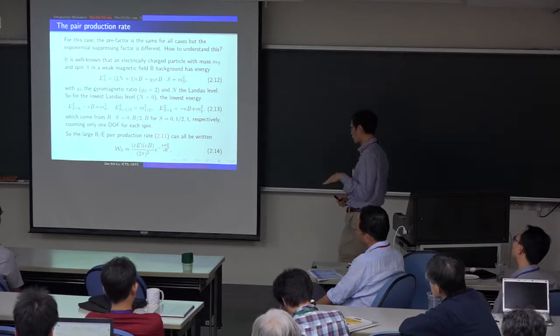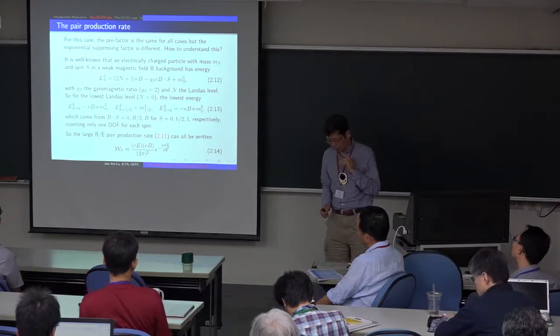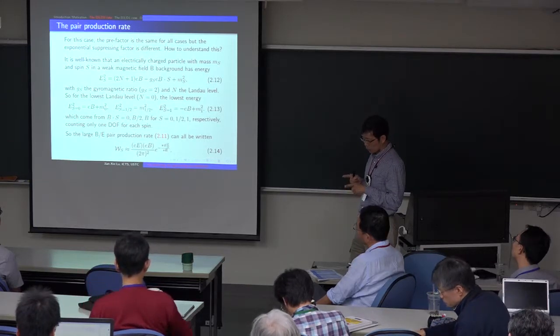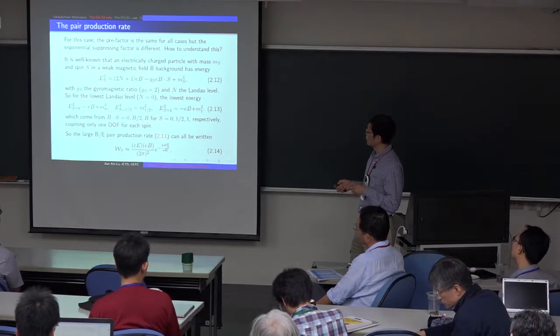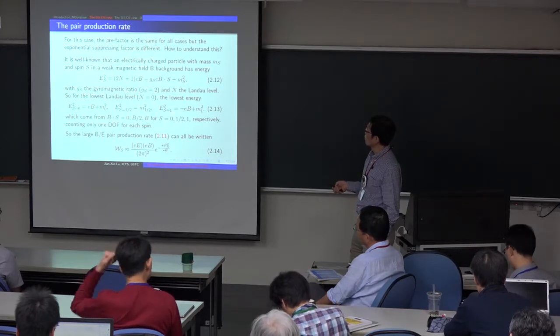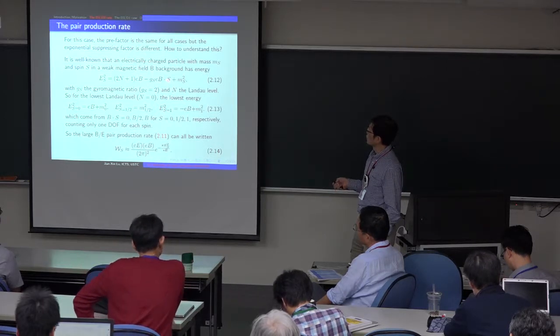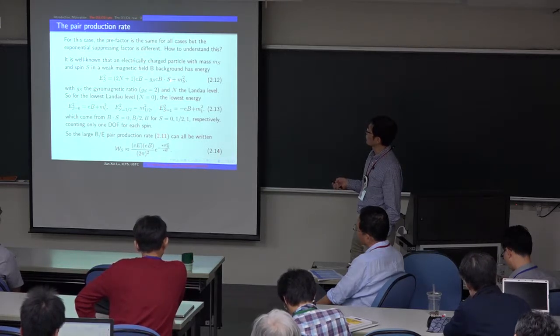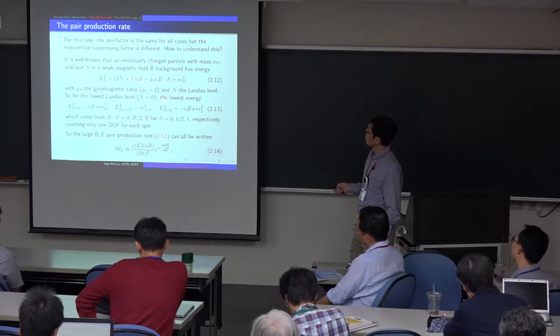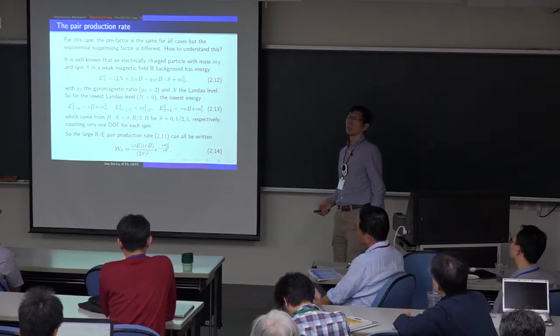That means the lowest mass, when the spin points in the same direction as the magnetic field, will not change. But for a charged spin one particle, if you consider the polarization where the spin points the same as the magnetic field, because here we have 2 and here 1, we get negative 1. So that means that if you apply a magnetic field, we can lower the mass effectively.